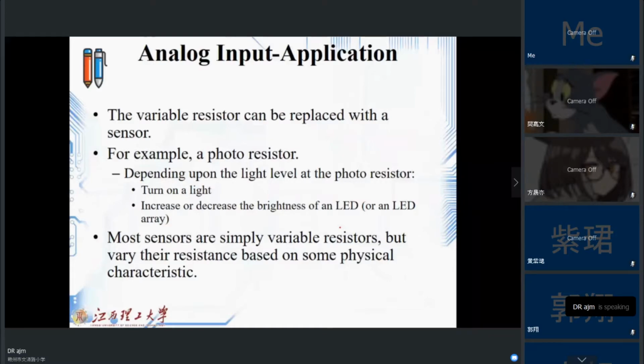There are lots of analog applications that I'm using. One of the famous things is that when you connect any sensor to this pin, you can measure it.